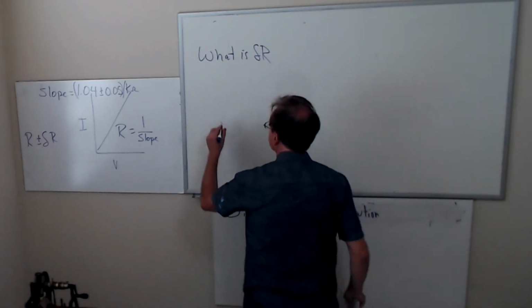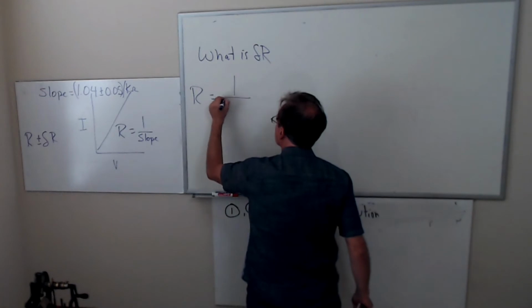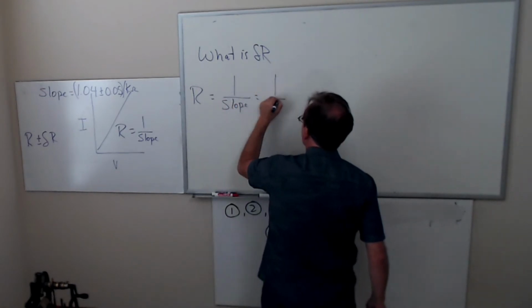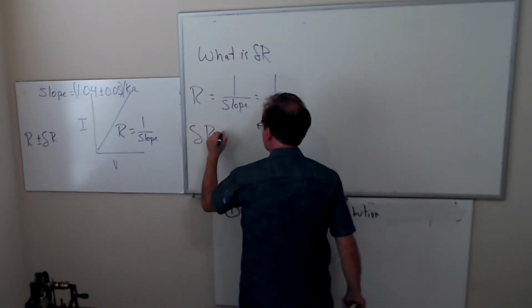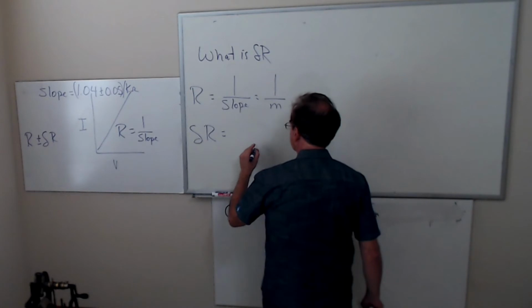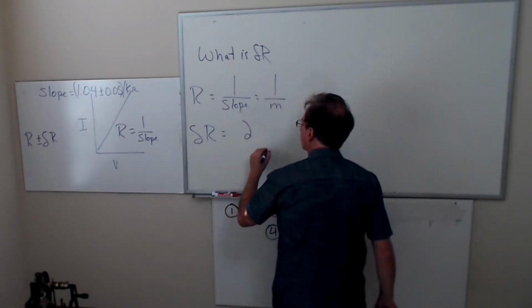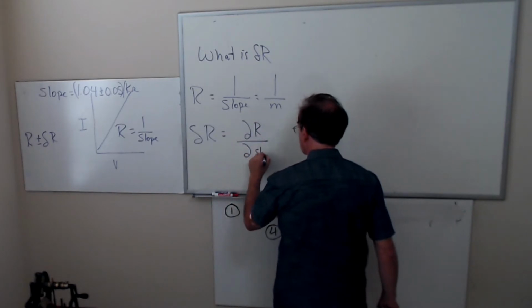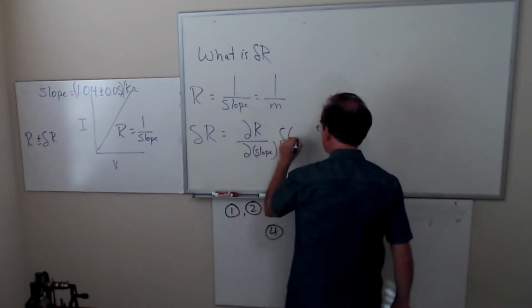If R is 1 over the slope, I'll write it as 1 over m, then delta R is the partial of R with respect to the slope times delta slope.